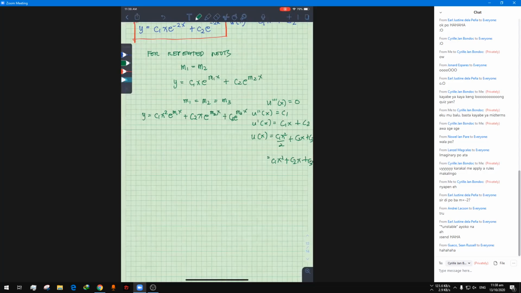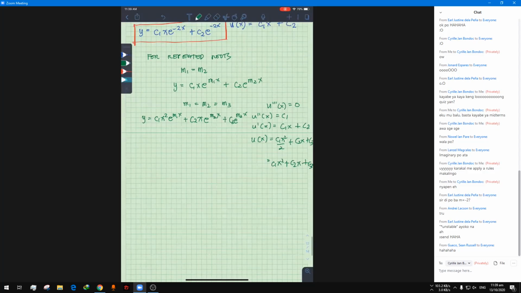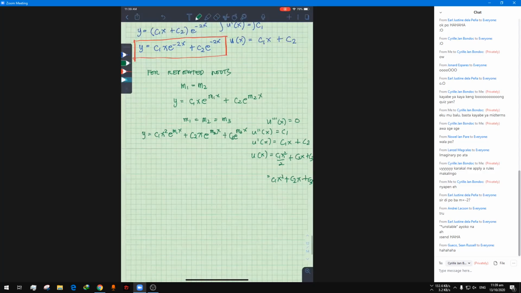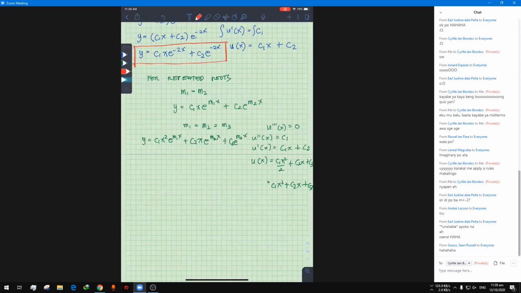So in short, it only follows na kung 4 yan, mag-start ka sa x cubed. Kung 5 roots na pare-parehas, mag-start ka sa x raised to the 4th. Pero yung roots niya pare-parehas lang kasi m1, m2, m3 are just the same. Diba? So, ito yung formula natin kapag repeated roots.